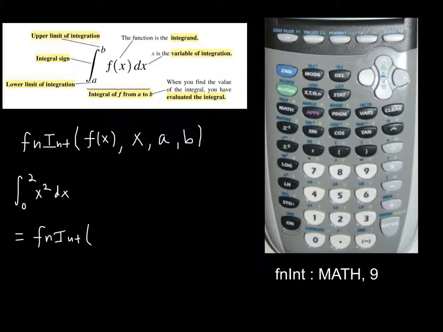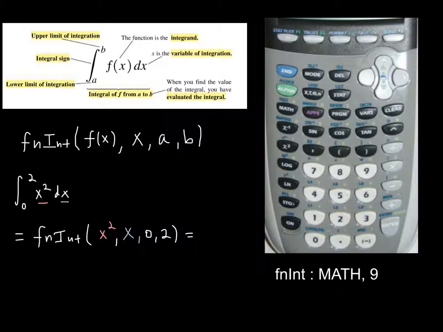Alright, so the first thing I need to give is the function that I'm integrating, and that's going to be x squared, comma, I need to tell it the variable with which I'm integrating with respect to, and that's x. And then I need to input the limits of integration. So that's from 0 to 2. And then I'm going to go ahead and close the parentheses and hit enter.